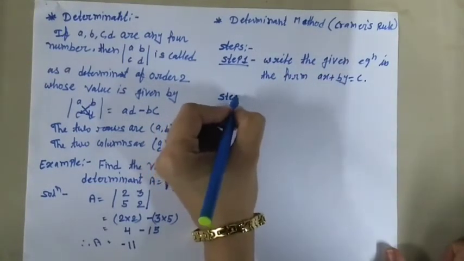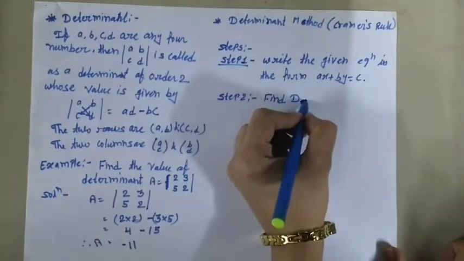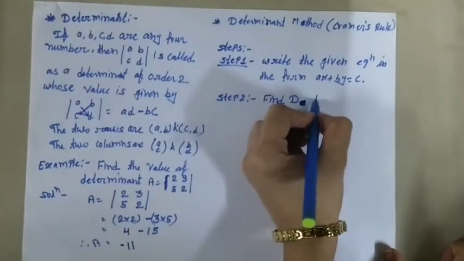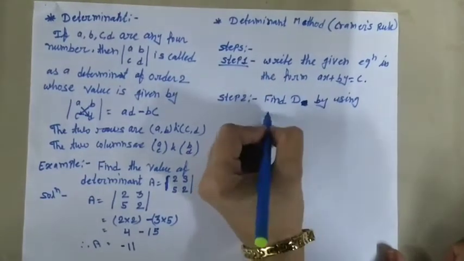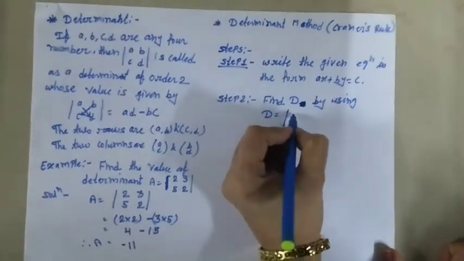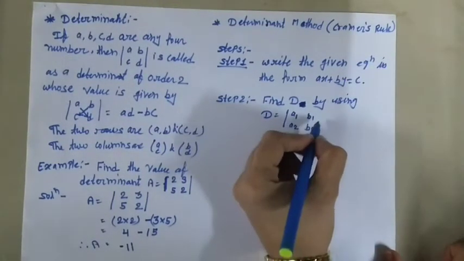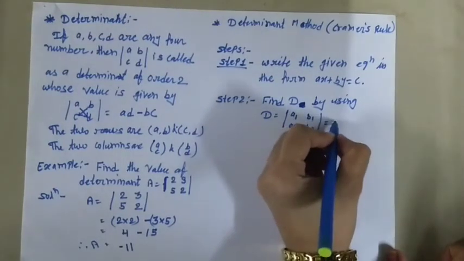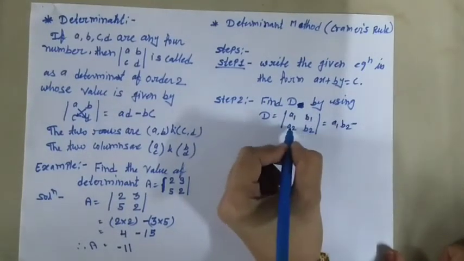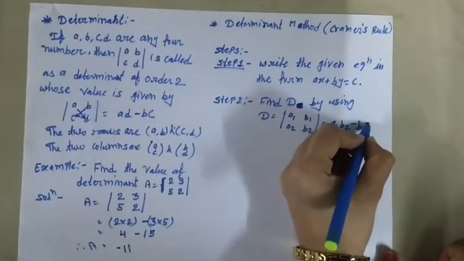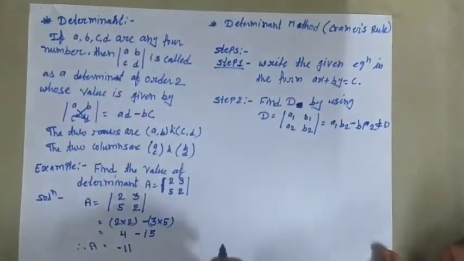Step 2: Find D using D equal to determinant a1, b1, a2, b2, equal to a1 into b2 minus b1 into a2, which is not equal to 0.